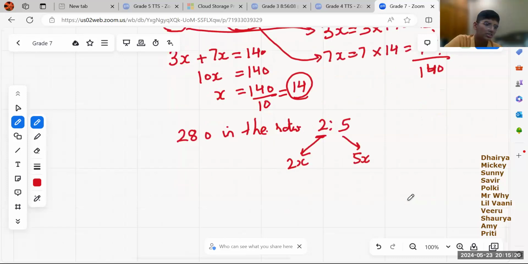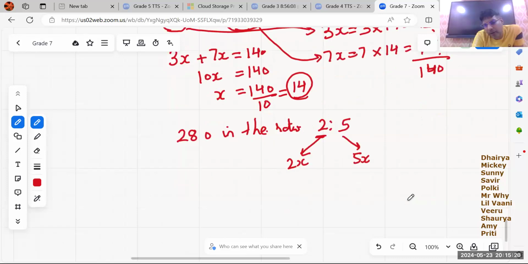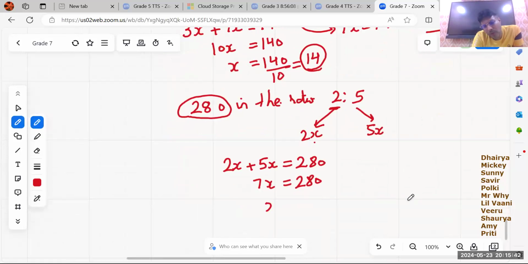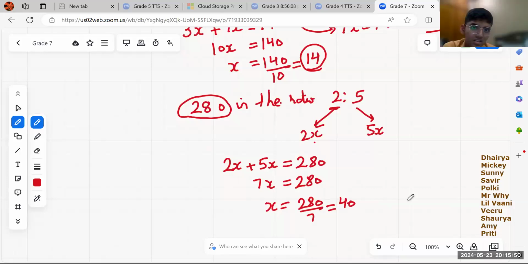No, sir. Beta, keep on unmute. Let me explain it to you properly. Now the total is 280. So 2x plus 5x is equal to 280. 7x is equal to 280. x is equal to 280 divided by 7, which is equal to 40. Got it, Shaurya? Yes, sir.